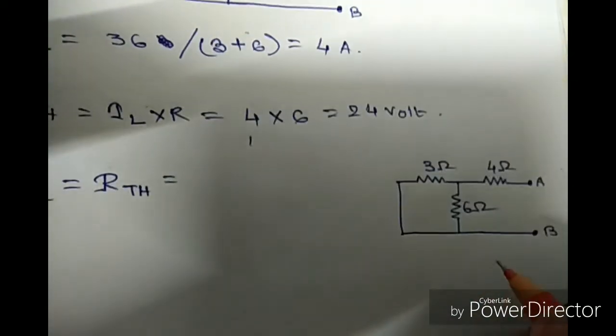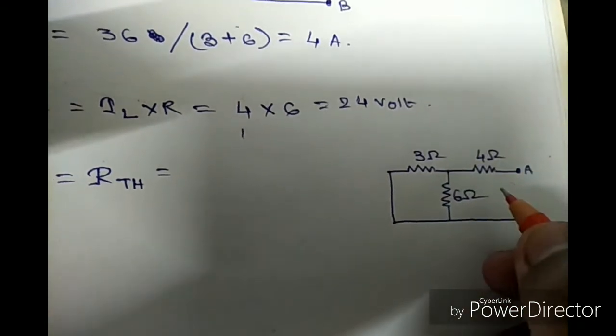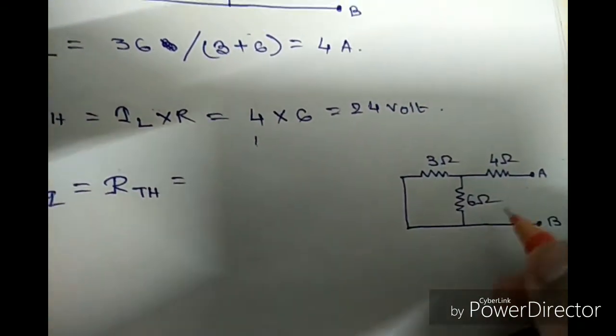Next we have to calculate the equivalent resistance or Thevenin's resistance. So the circuit diagram for the equivalent resistance calculation will be that.